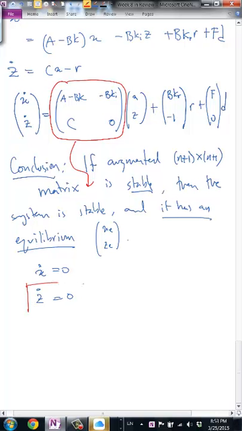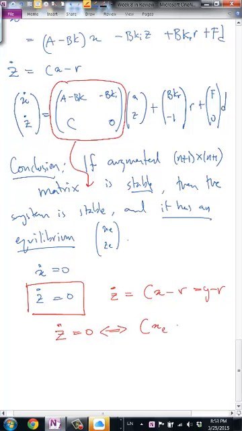Let's unwrap that. Z dot is equal to Cx minus r, or just y minus r. So z dot equal to 0 is exactly saying that Cx in equilibrium equals r, or in other words, y in equilibrium is equal to r.